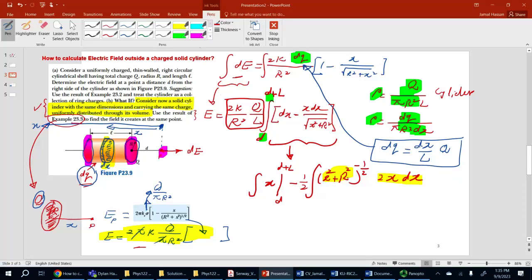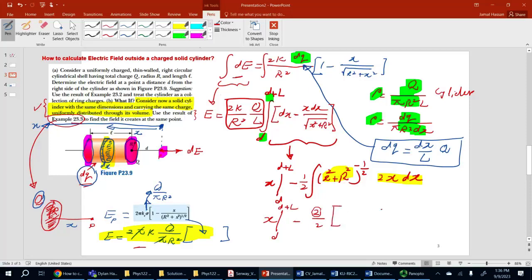So this integral is simply going to give us x squared plus r squared to the power of half, because minus half plus half is half, and then we divide by half. Sorry, this integration sign should not be here, because we have already done the integration. So it's going to be x from d to d plus L minus, this is 2 divided by 2. Why is this 2? Because in the integral we divide by half, so it's going to be 2 divided by 2.